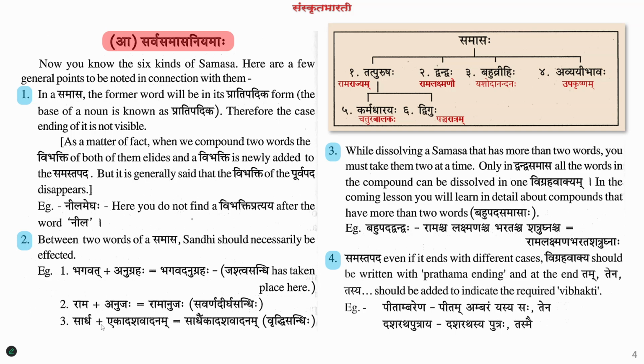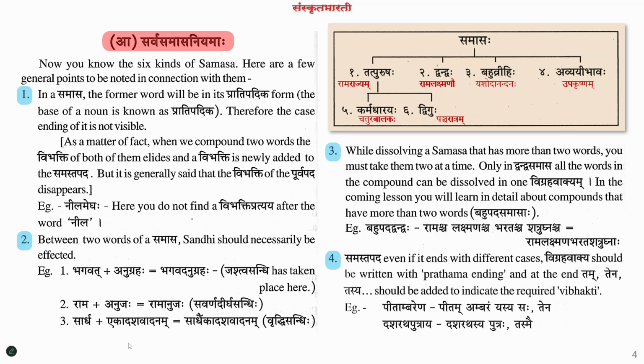You cannot just separate it out without changing its sense in the sentence, so better to just stick it together. And so sardhaikadasha vadanam, 11.5 heads. Vriddhi sandhi has happened, a plus a, ai has happened. So that's about the nityatva of the sandhi kriya that they are demonstrating in samastapada.